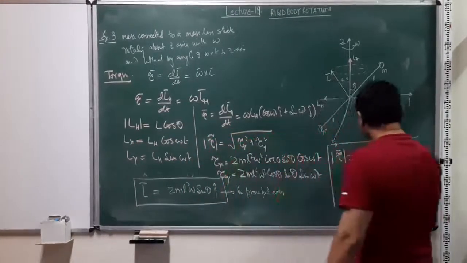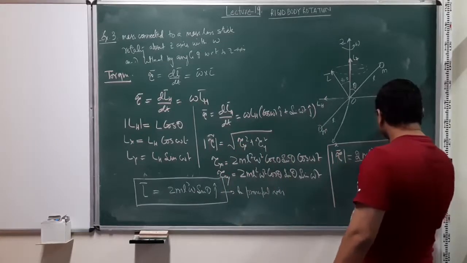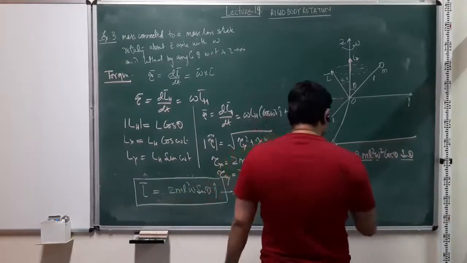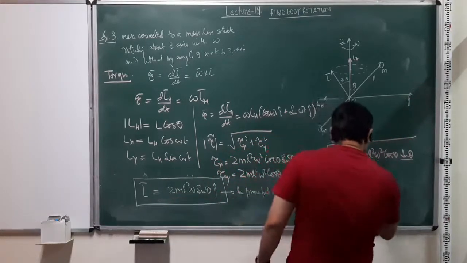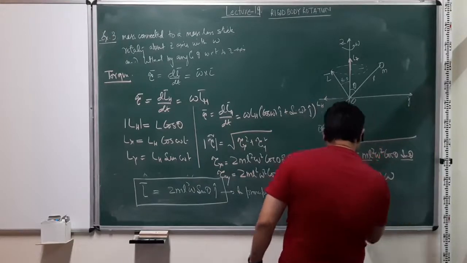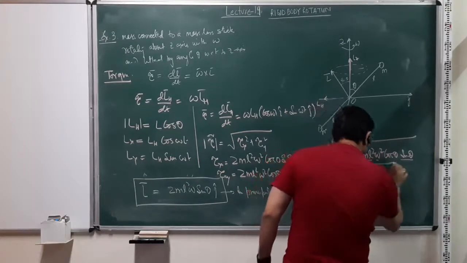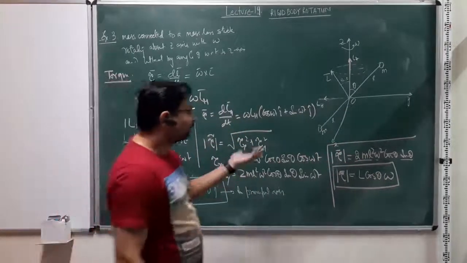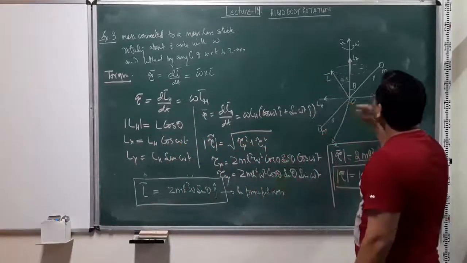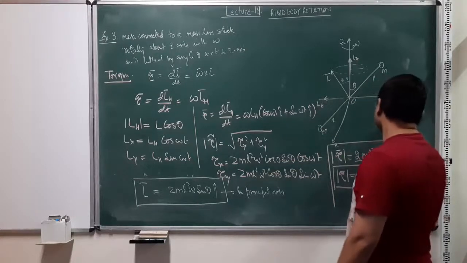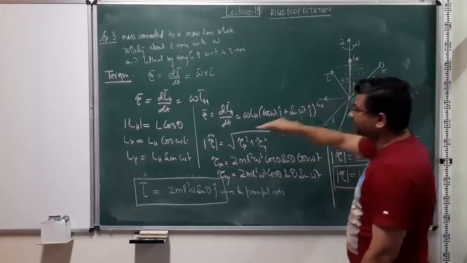And now from here we can see that 2ml squared omega sin theta is nothing but the magnitude of the total angular momentum. So I can write it as L omega cos theta. Which is again the same thing: the torque is only because of the horizontal component, whose magnitude is basically L cos theta, and the vertical one is L sin theta, right?